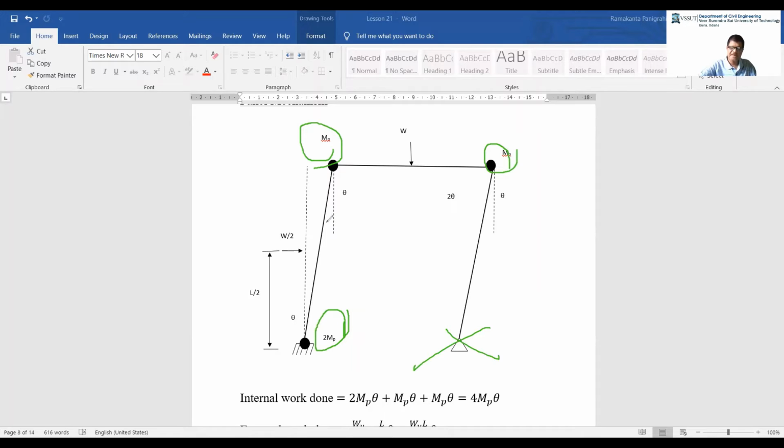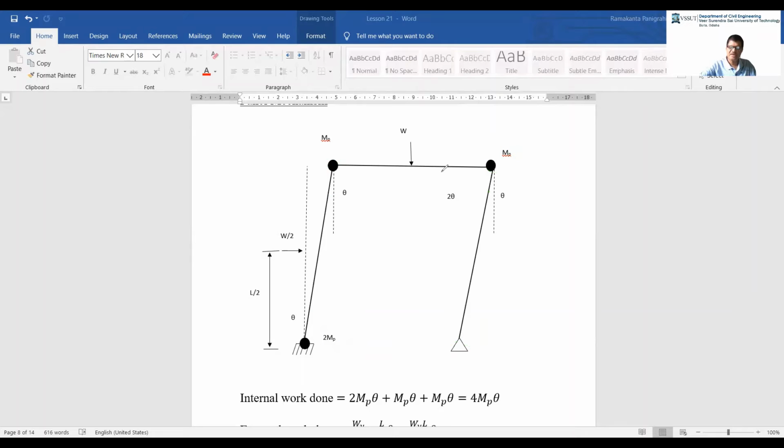So what is the total internal work done? Mp into theta here, Mp into theta here, because the beam remains straight. The relative displacements between this point and this point remain the same. So this is the value of the internal work done.